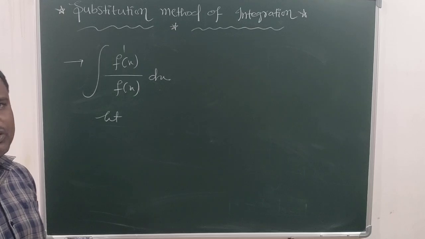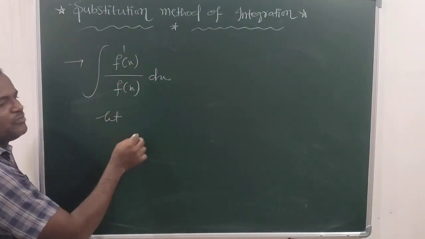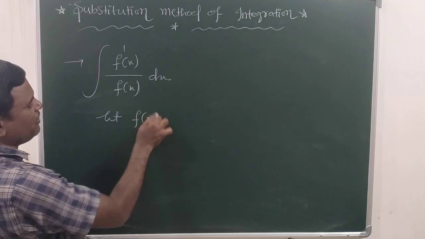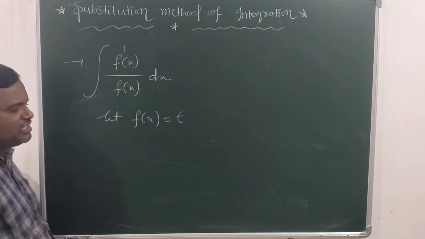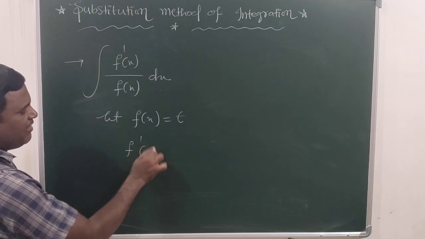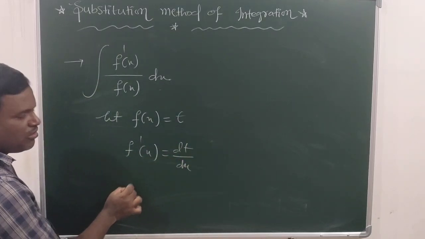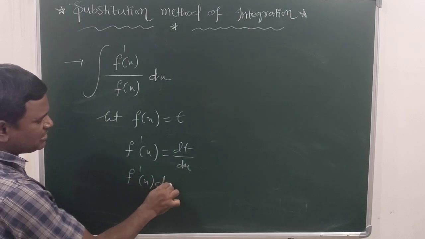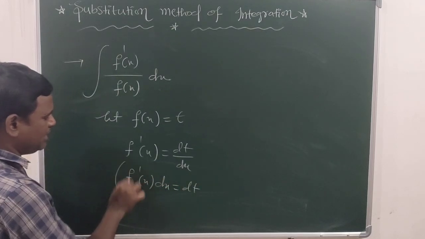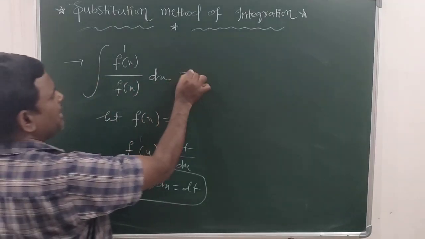By the substitution method of integration only, we will find this integral. So here the substitution is f of x equal to t. Now take the derivative on both sides with respect to x. F dash of x equal to dt by dx you will get. Now see, f dash of x dx is equal to dt. Okay students, now go to the numerator part.